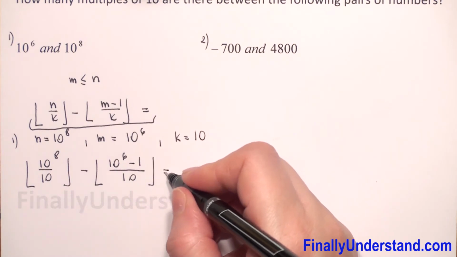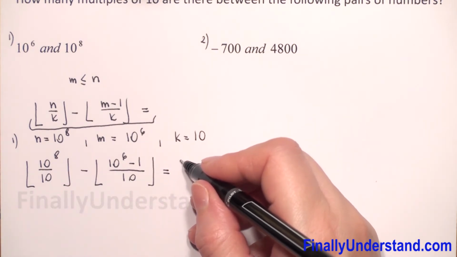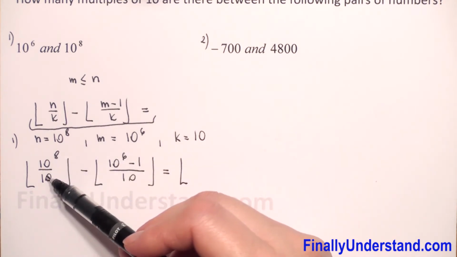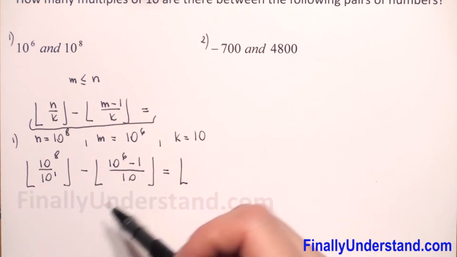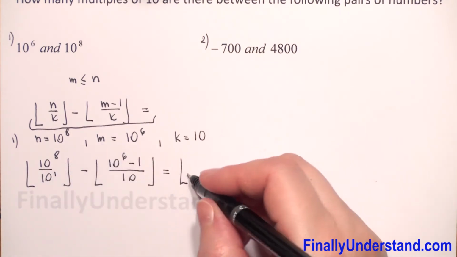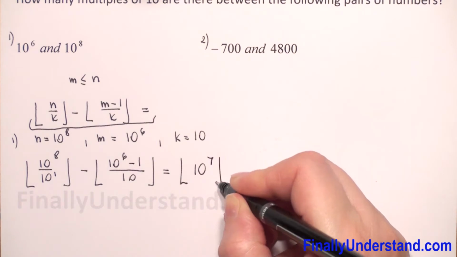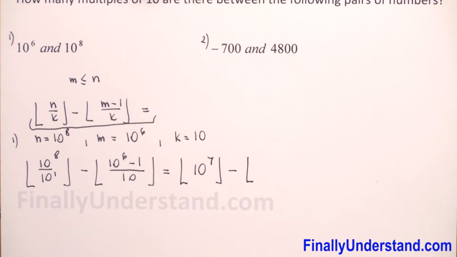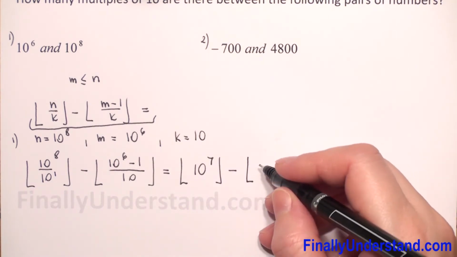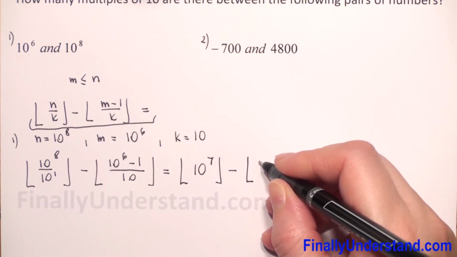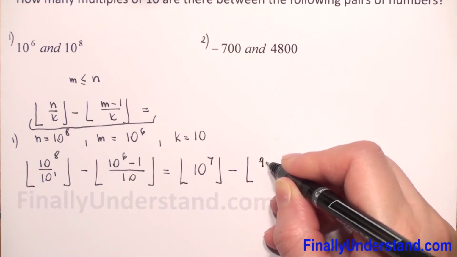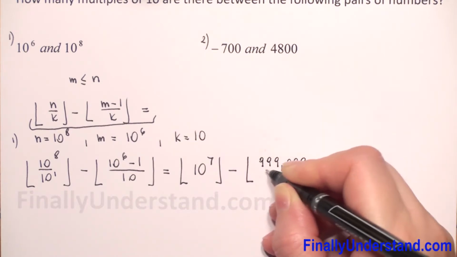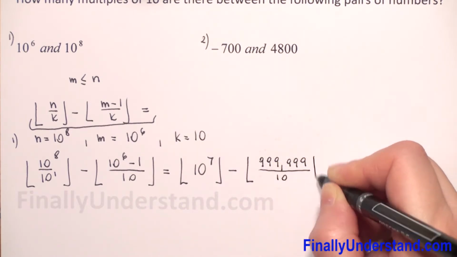So this is equal to floor of 10 to power 8 over 10, which is like 10 to the first power, so we have the same base. We will subtract exponents, so it will be 10 to power 7. And we have minus, 10 to the 6 power is 1 million, minus 1, it will be 999,999 over 10.